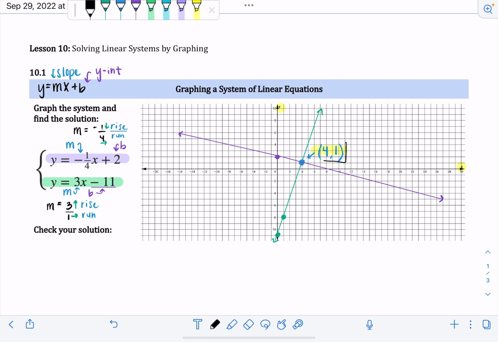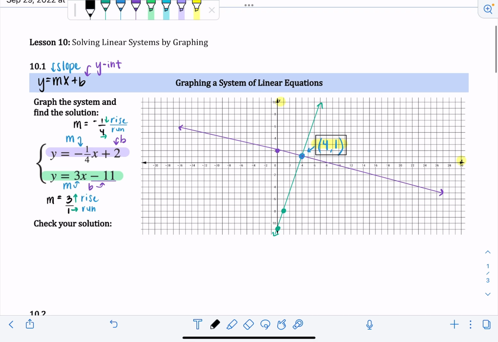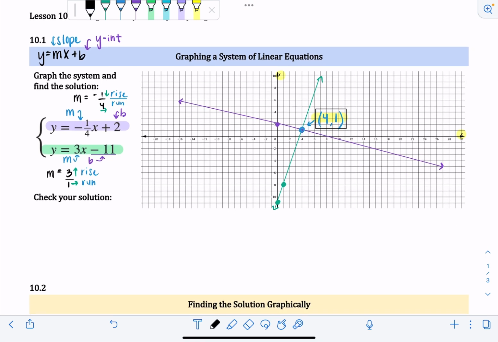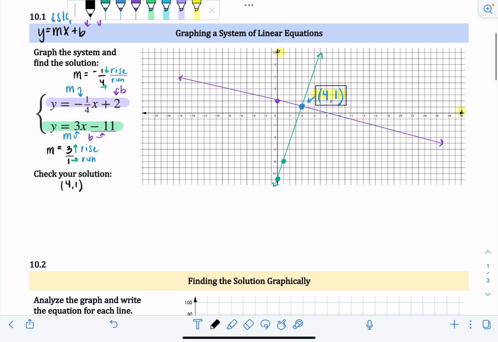And then from there, we can always check our solutions. So in order to check our solutions, we take that (4, 1) and we put it back into the equation to see if it makes it true, which means it makes each side equal. So my first equation was y equals negative 1/4 x plus 2.